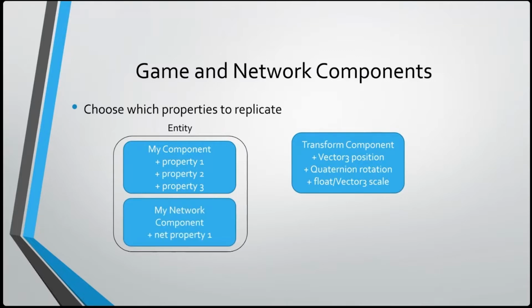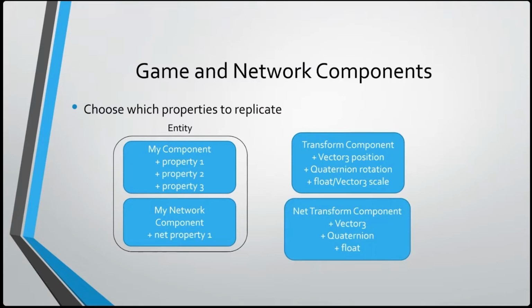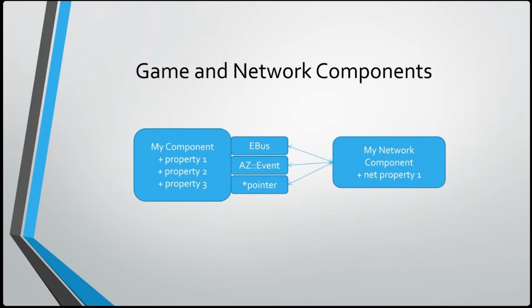So as you build that out, you would add your network component, and you might decide that this particular property will control the other ones. For example, the network transform component replicates, as you would expect, the position, rotation, and scale. And your network component will be communicating with the non-network component through various means, be it EBus, event pointers, smart pointers, whatnot.